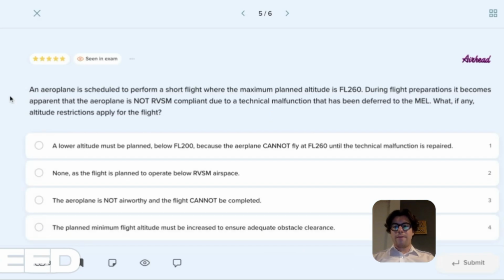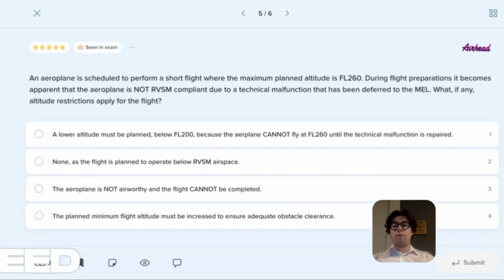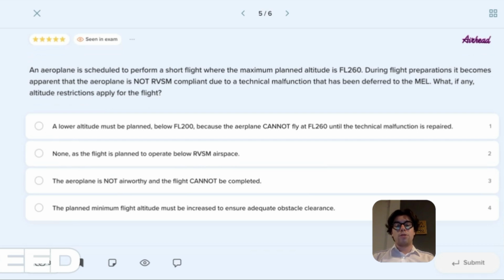Now, question number 5. An airplane is scheduled to perform a short flight where the maximum planned altitude is flight level 260. During flight preparations, it becomes apparent that the airplane is not RVSM compliant due to a technical malfunction that has been deferred to the minimum equipment list. What, if any, altitude restrictions apply for the flight?